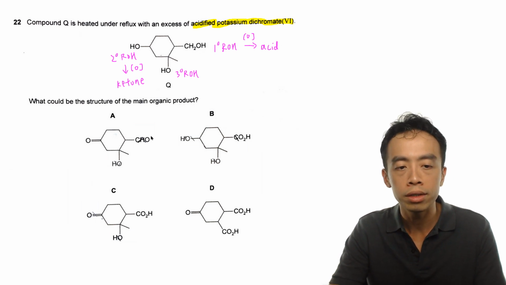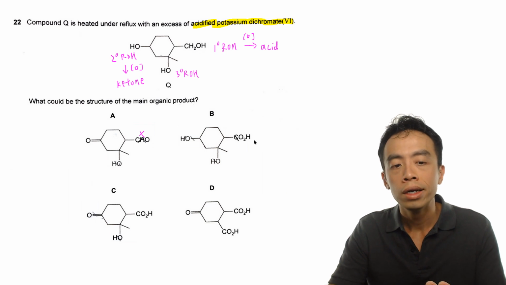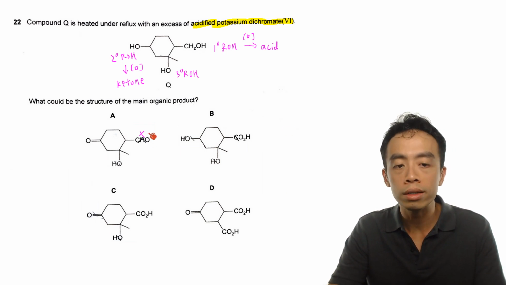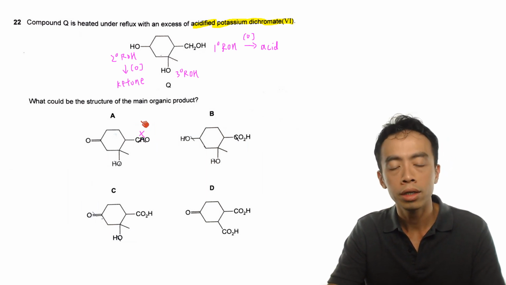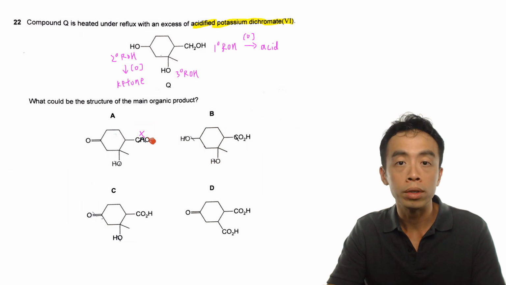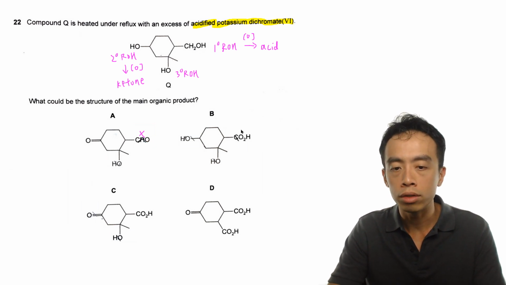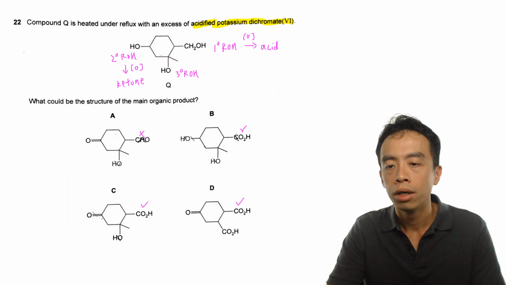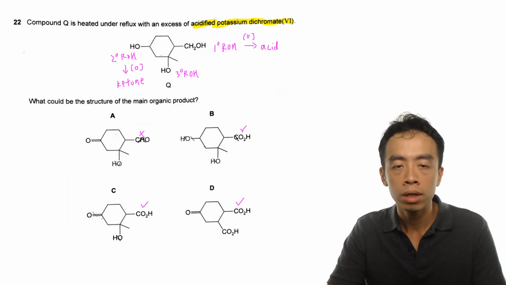So for A, this is an aldehyde, which is wrong because we've mentioned that it should be oxidized all the way to acid. If we were doing distillation, then this is possible, but we're not doing distillation here. So A is out. Now B, the acid group is there, so this is possible. C, the acid is here. D, the acid is also here. So we can rule out compound A.